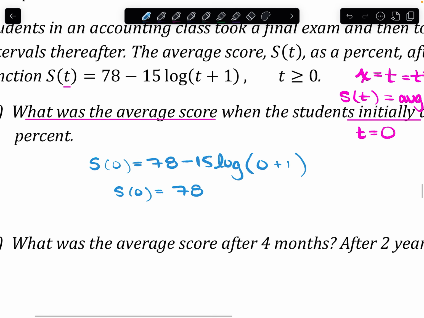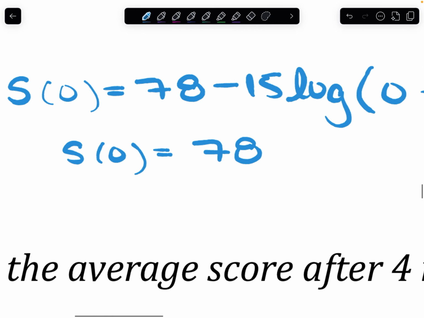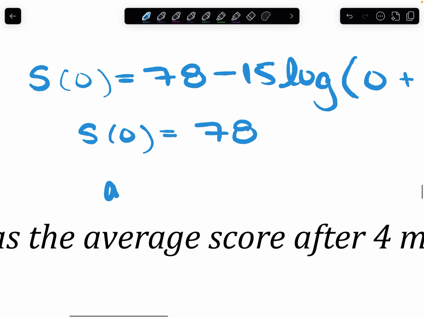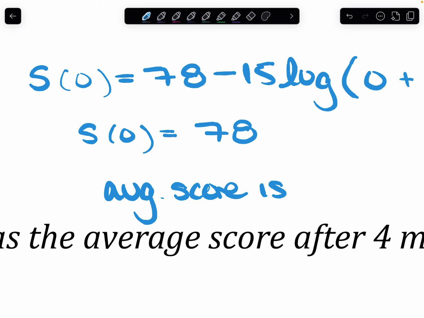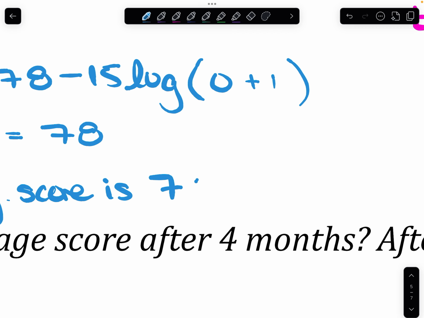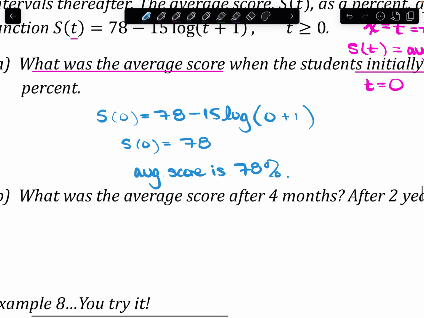Okay. So it says, what was the average score? So then go answer the question. There's no rounding needed here since it was a pretty number. So the average score is 78%. Don't forget that percent symbol. Remember, you do need units when you're dealing with a word problem.